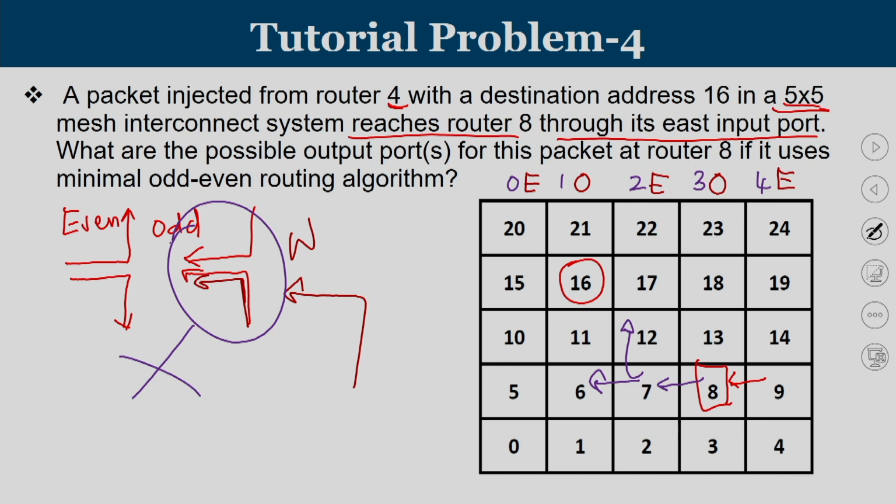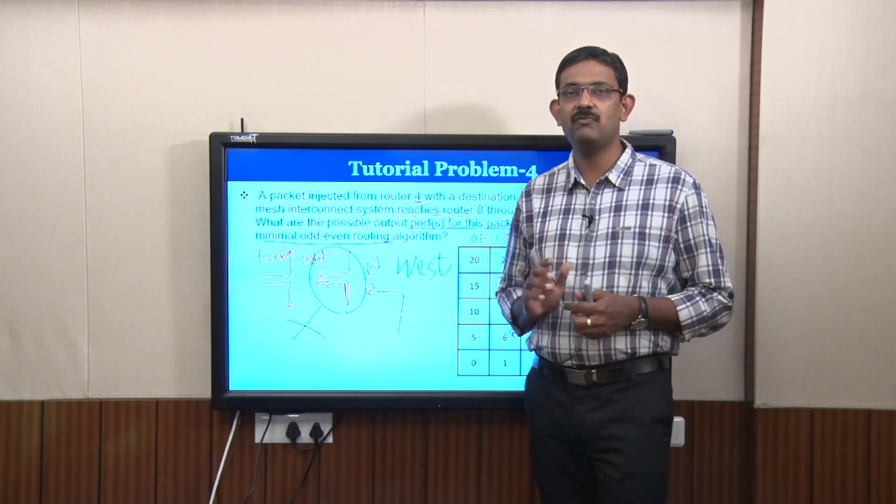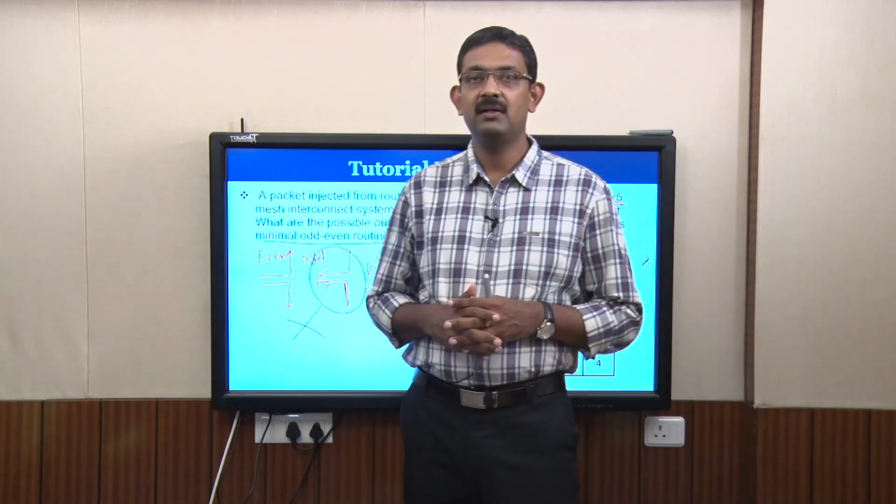So what are the possible output ports for this particular packet at router 8 if it uses minimal odd even routing is, the only permitted output port is west. Because since we use minimal routing, we may use north or we may use west.